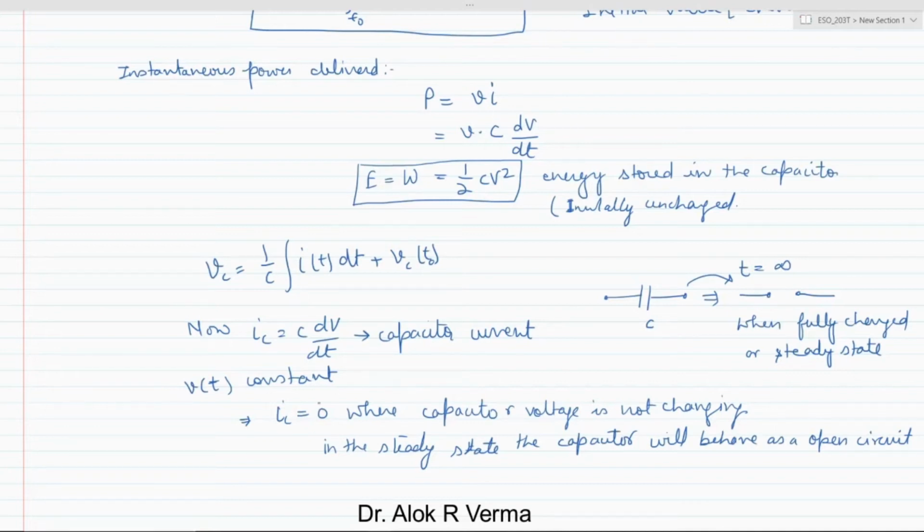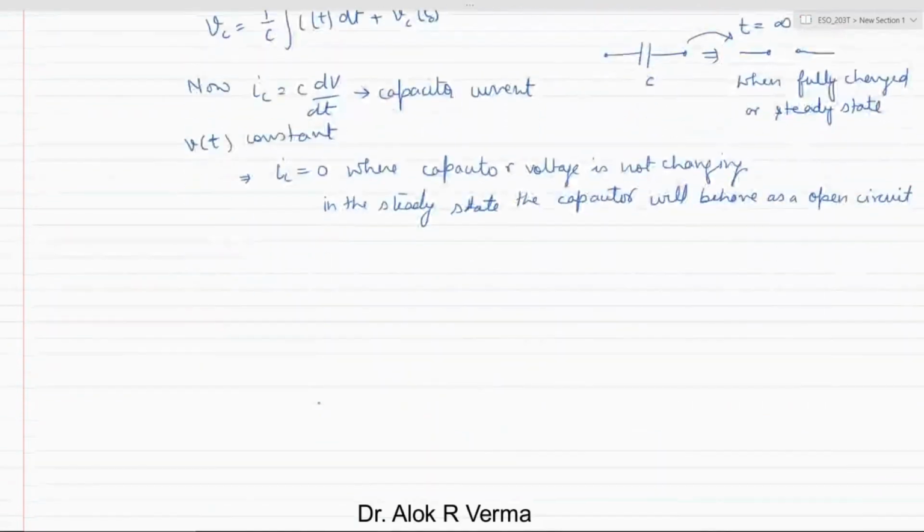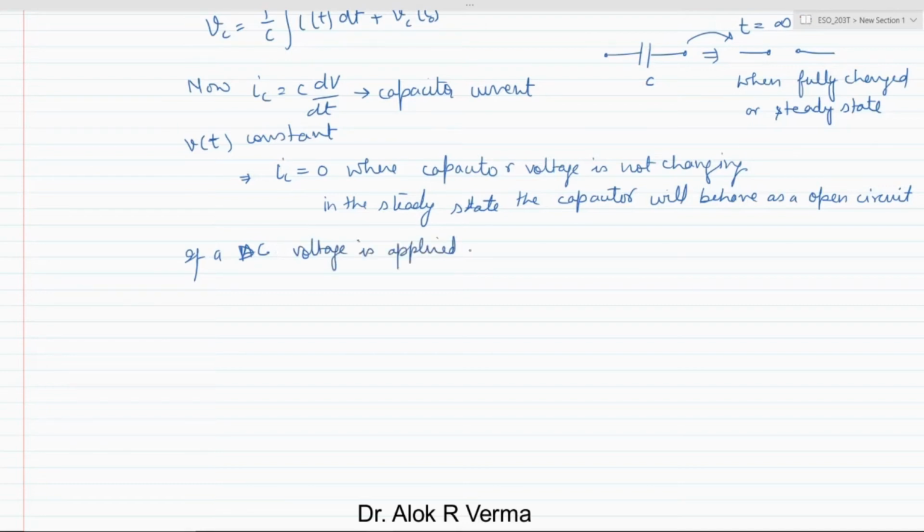Further, in addition to this, if a DC voltage is applied, it also means that the total current, or the current flowing through the capacitor, is 0. This capacitor current is 0.